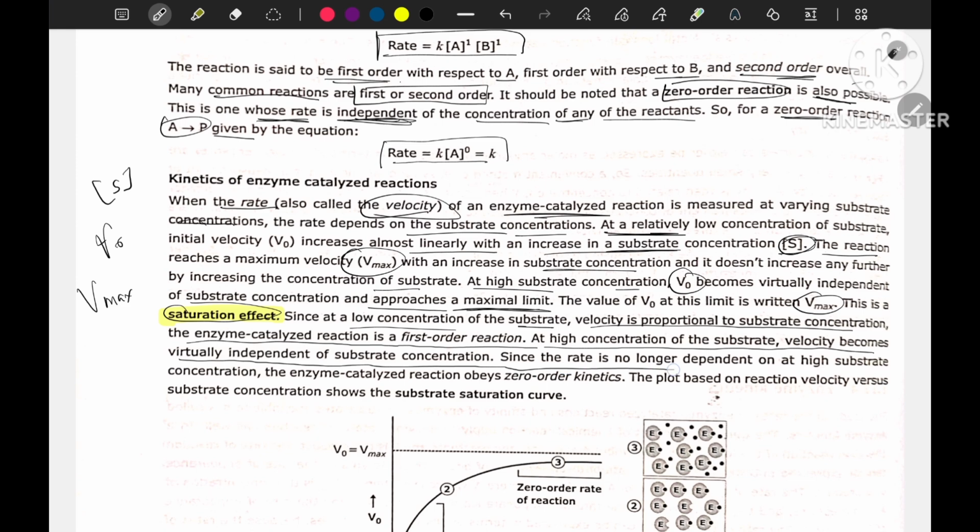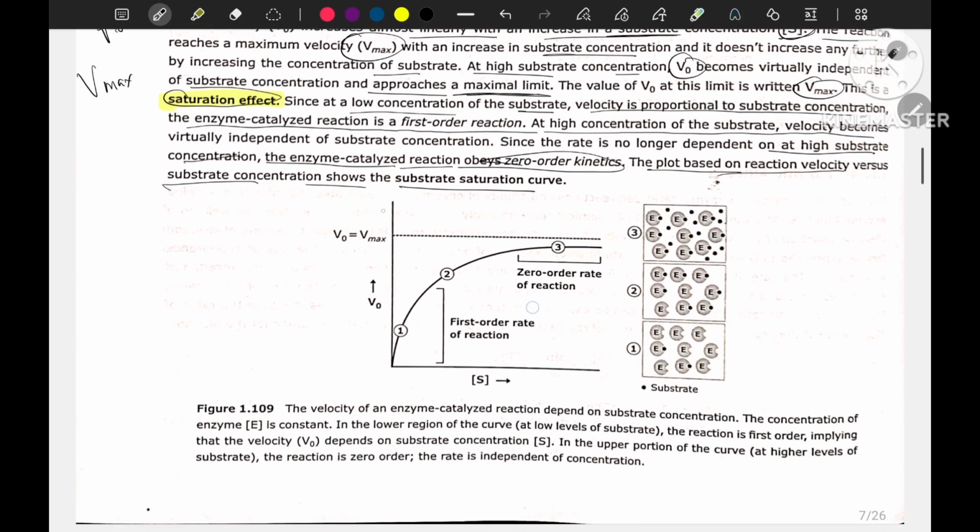Since the rate is no longer dependent on substrate at high substrate concentration, the enzyme catalyzed reaction obeys zero order kinetics. The plot of reaction velocity versus substrate concentration shows the substrate saturation curve. So this is our Vmax.